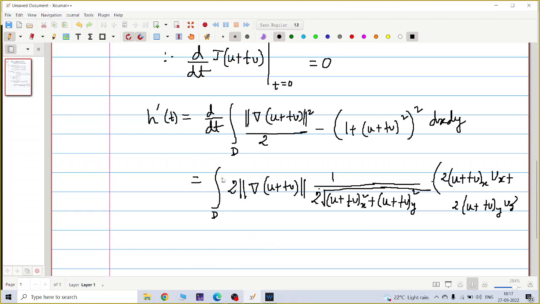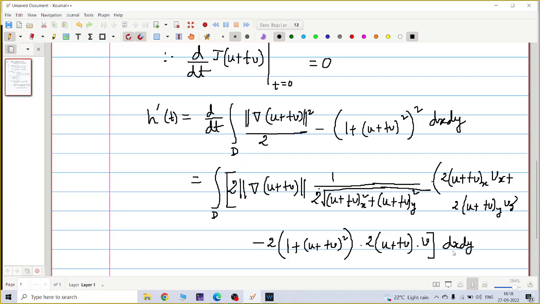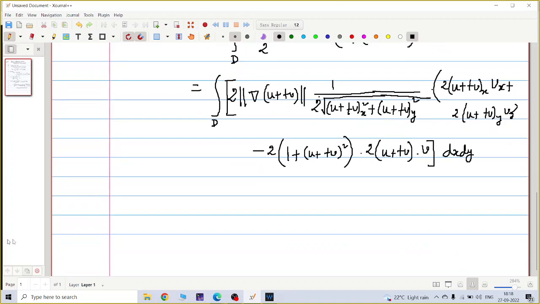So what will be the second term? The derivative of the first term. The second term is 2 v dx dy. Okay. So now I will simplify this.